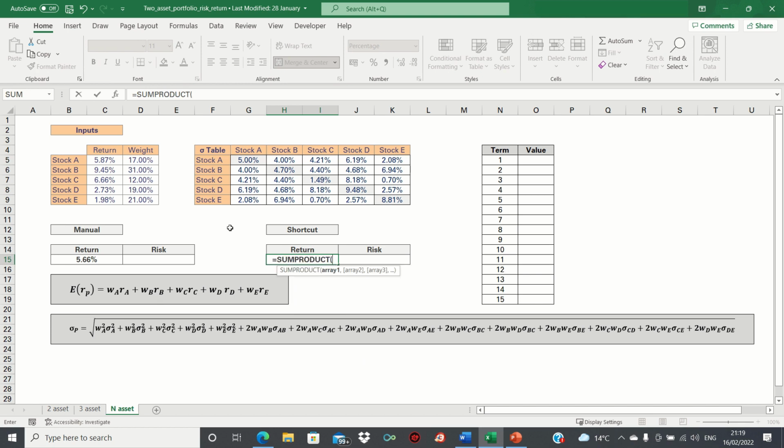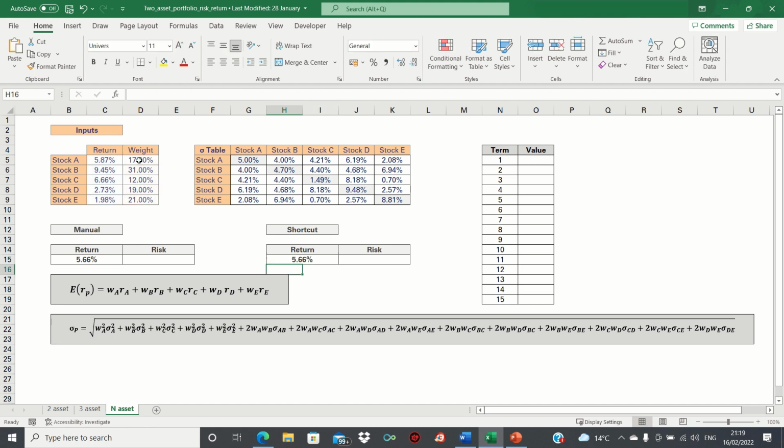We first select the first array, which contains the return figures, followed by a comma, and then select the second array, which contains the weights. We can then close brackets and click enter. As you can see, this returns exactly the same figure. Therefore, this is a great shortcut for calculating the expected return for any amount of stocks.